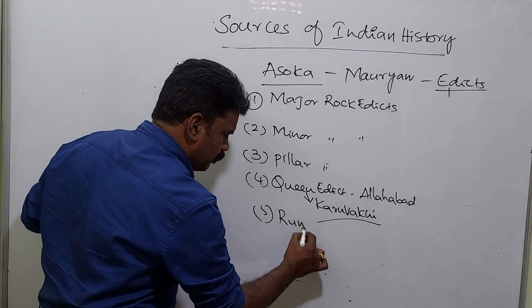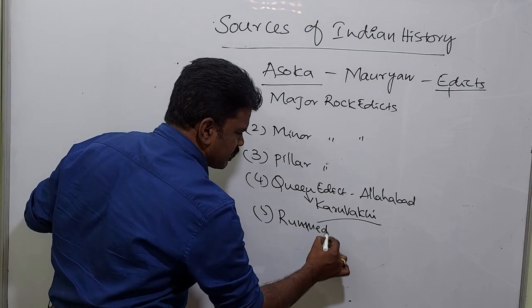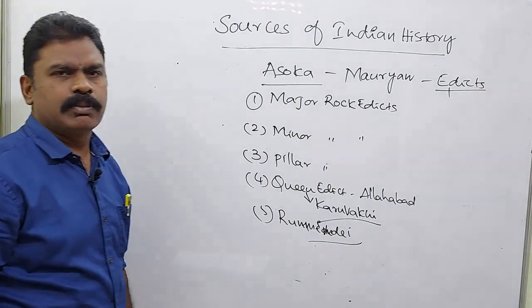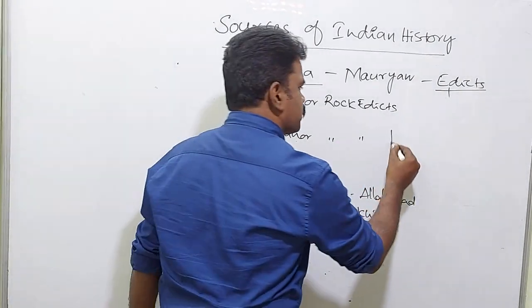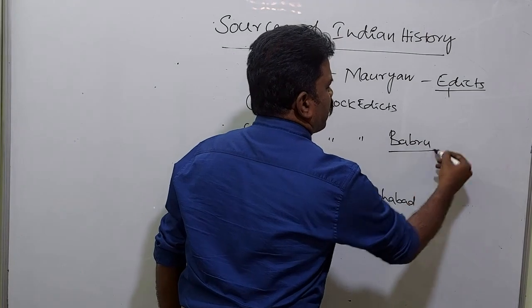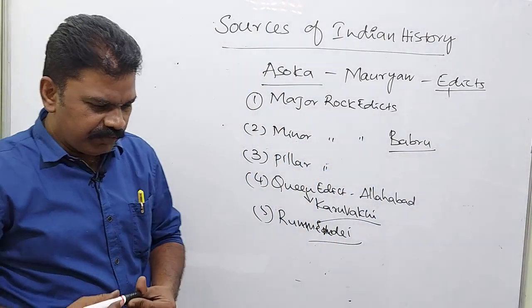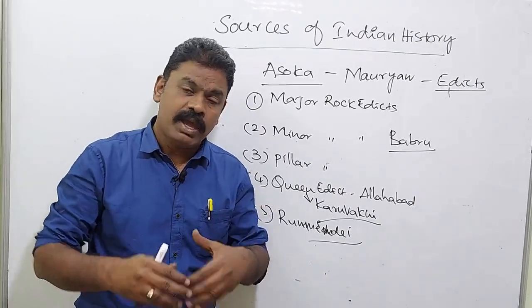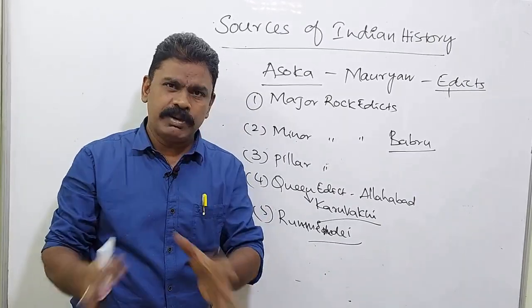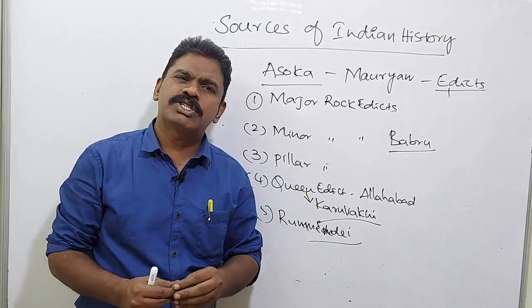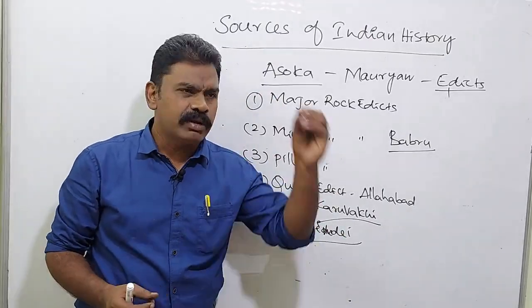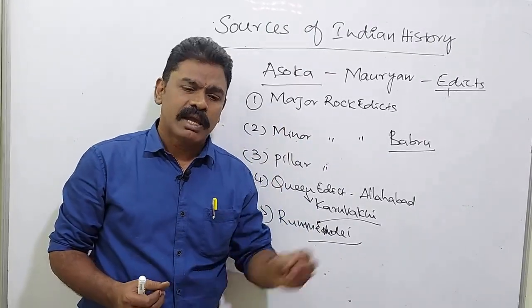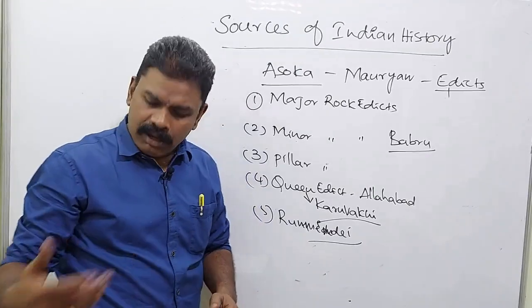From the Rummindei inscription we know about the tax of that period. The Bairat inscription speaks about the name of Ashoka. Like that, different inscriptions speak about Ashoka's personal life, religious life, administrative system, and the social, religious, political, and cultural conditions of the Mauryan period.